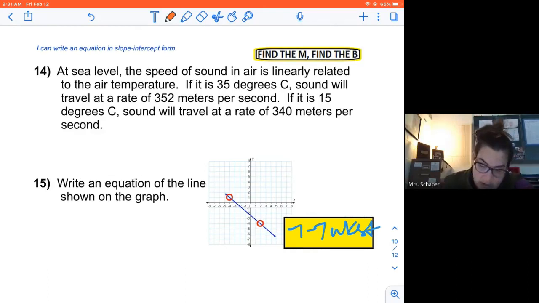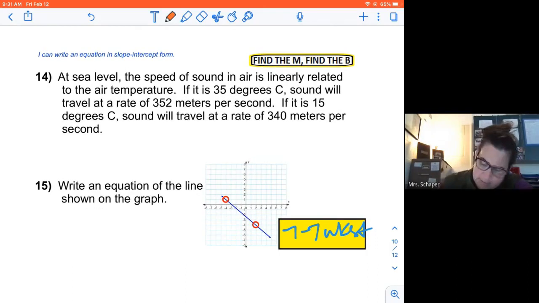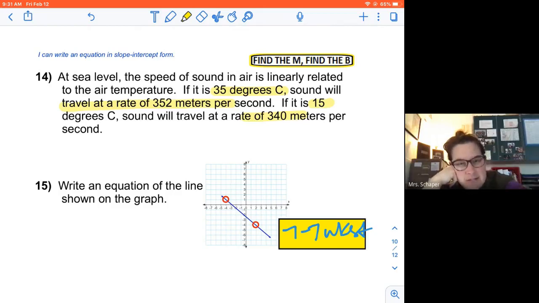So here we go. At sea level, the speed of sound is linearly related to the air temperature. So if it's 35 degrees, the sound travels at 352 meters per second. But if it's 15 degrees, the rate goes down. So the colder it is, the slower the sound waves are going to move.